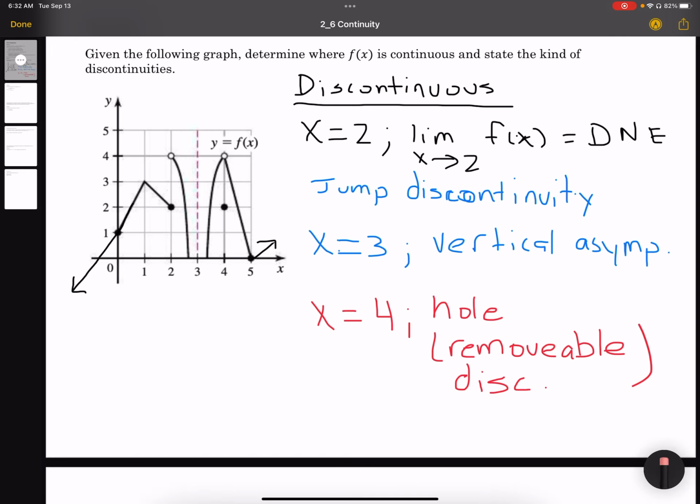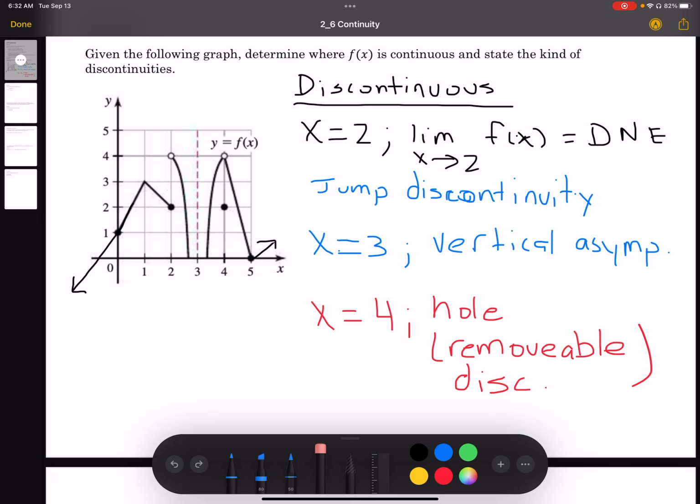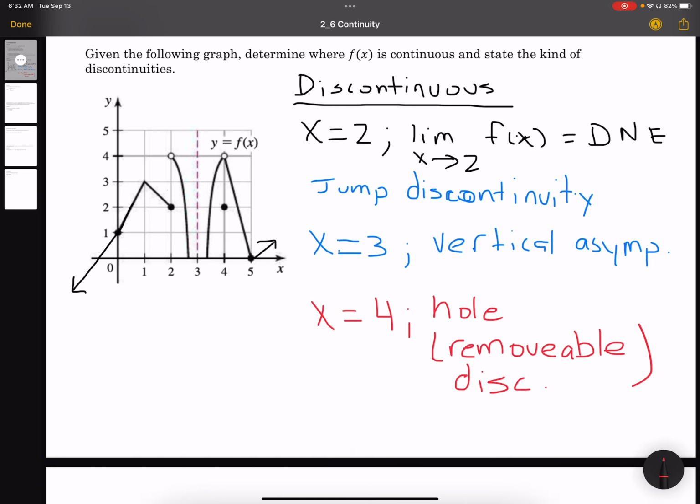So what we said is the limit as x approaches 4 for f of x is not equal to f of 4. The limit as we approach 4 is actually 4, but f of 4 is 2. So obviously 4 is not equal to 2, so the function is not continuous.